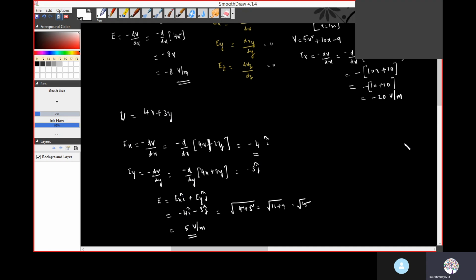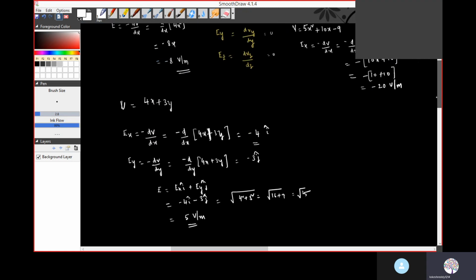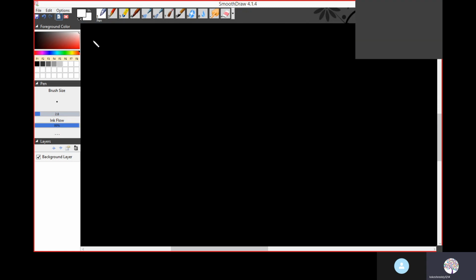See, another important one is potential due to a ring. Already we have discussed this important model question. So now here you have a ring, and here you have another ring. Two rings are there.